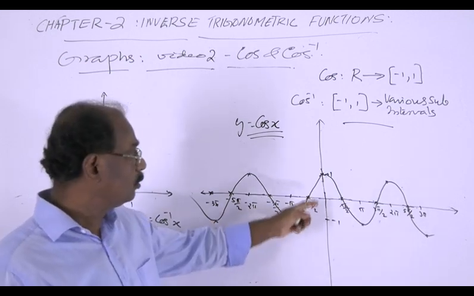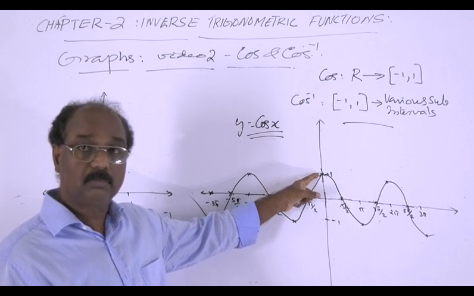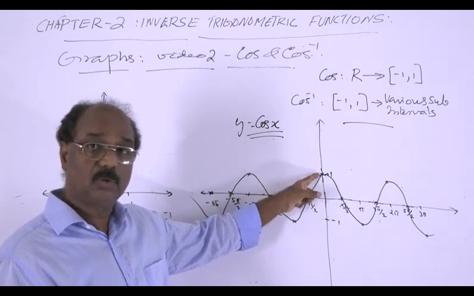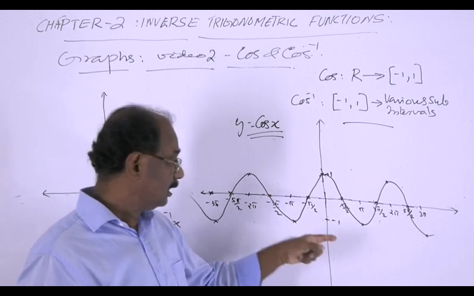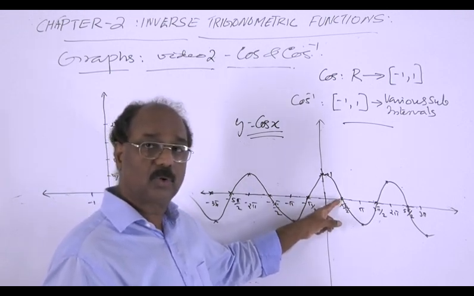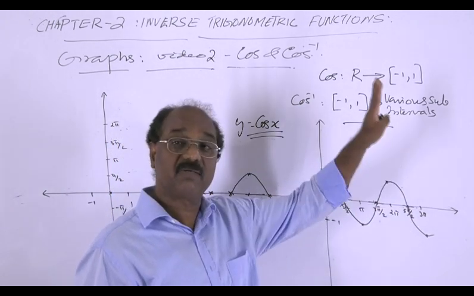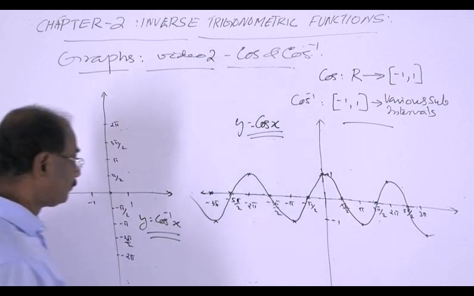Cos 0 is equal to 1, therefore cos inverse 1 is equal to 0. Then cos pi by 2 is equal to 0, so cos inverse 0 is equal to pi by 2. In that fashion we can mark the points.